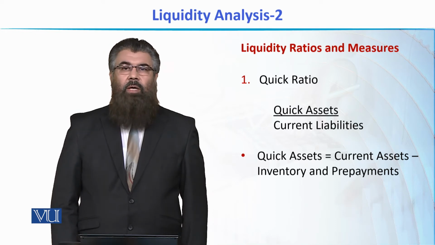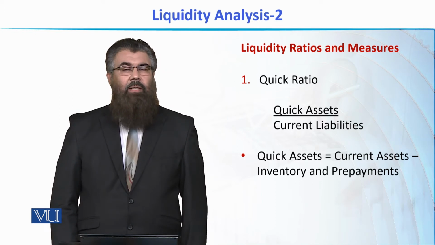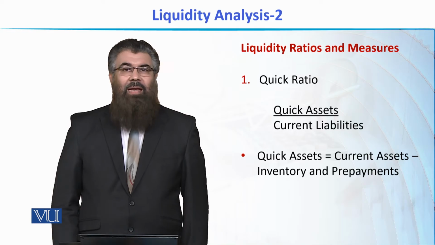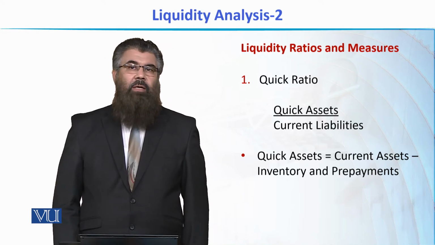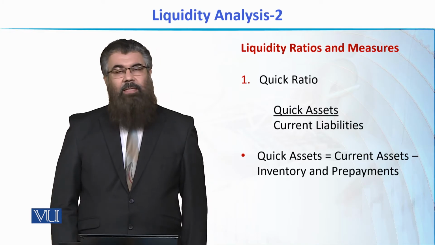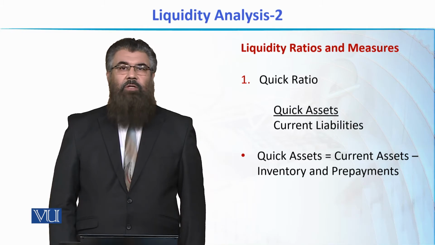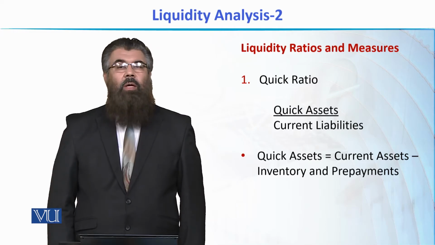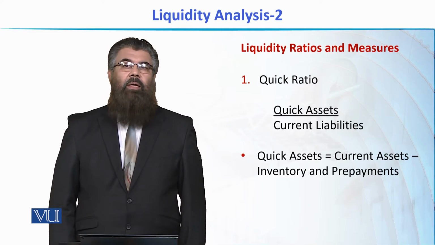So what we do is that we calculate a quick ratio where we remove those current assets which require relatively longer period of conversion into cash, and these assets are called quick assets. So a ratio in which we divide quick assets with the current liabilities is called a quick ratio. This is also termed as acid test ratio.